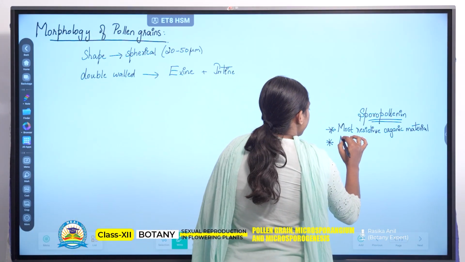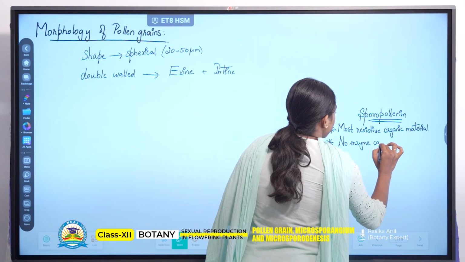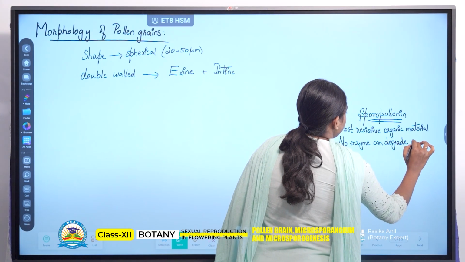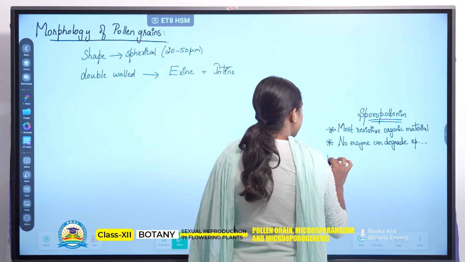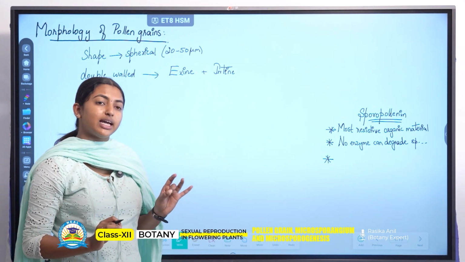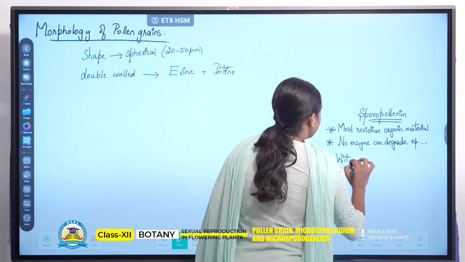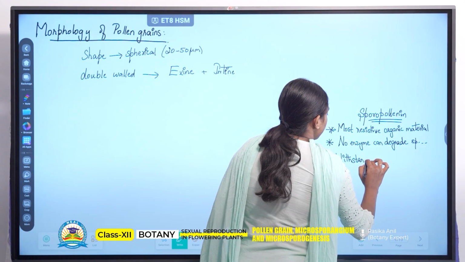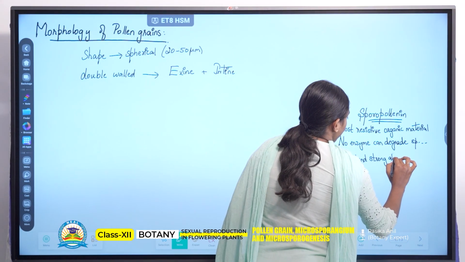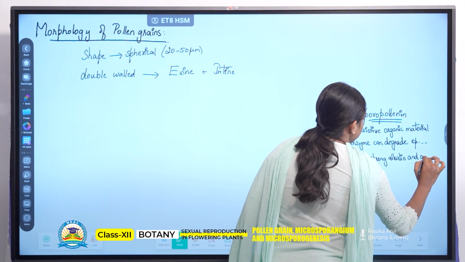So you can write: no enzyme can degrade sporopollenin. Second thing is that it can withstand strong alkalis and strong acids. So it can withstand strong alkalis and acids.